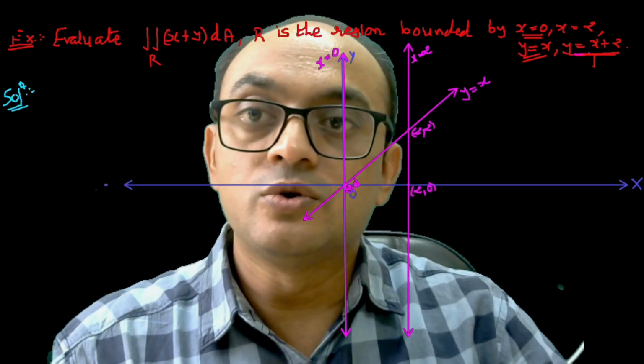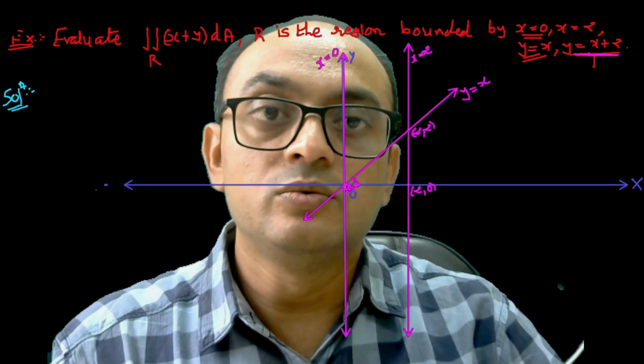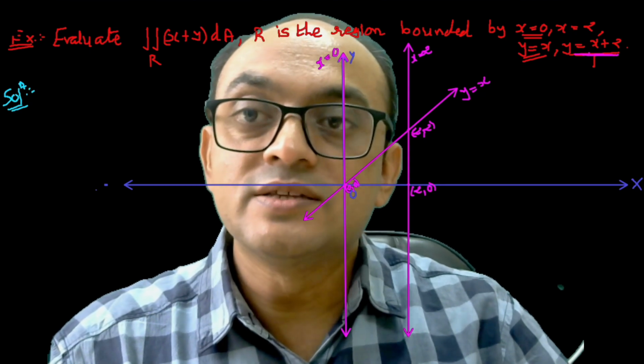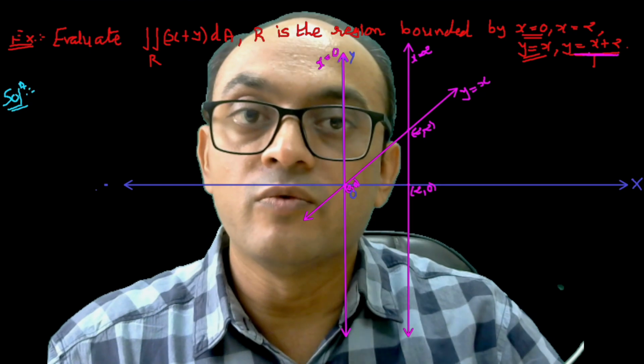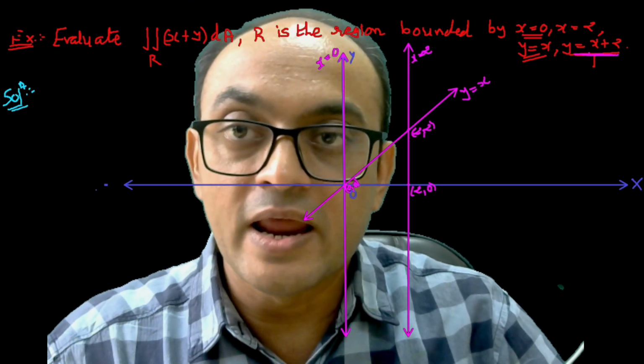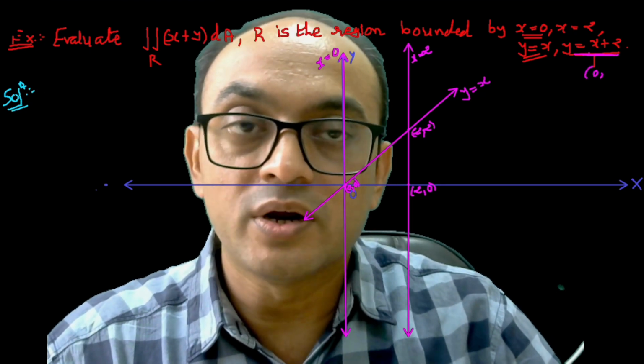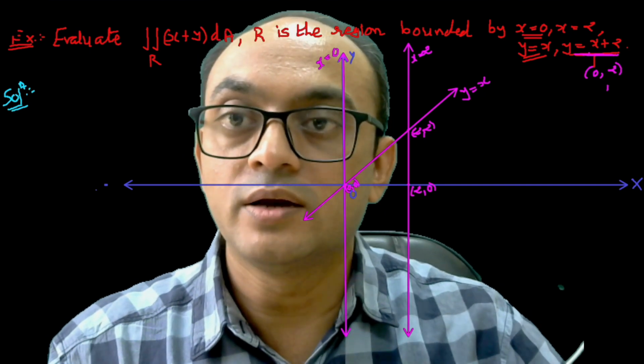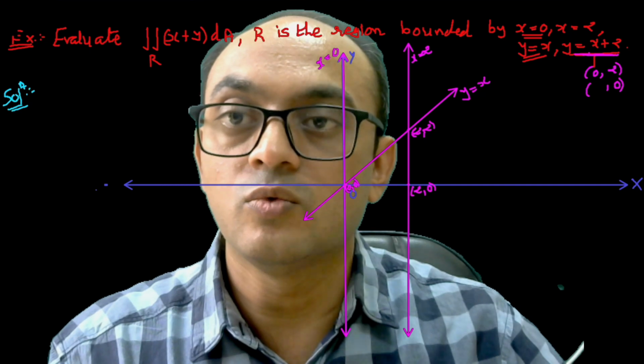Now we are going to draw the line y is equal to x plus 2. We should have 2 points through which the line is passing. So when x is equal to 0, what is y? y is equal to 2. Right. When y is equal to 0, what is x?